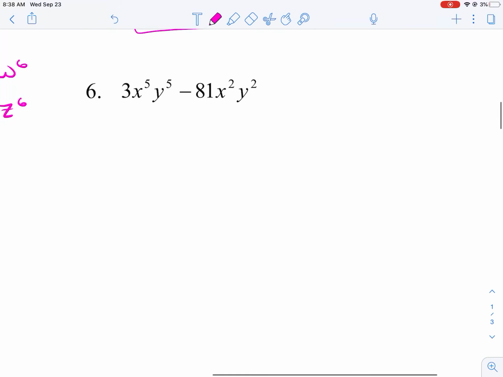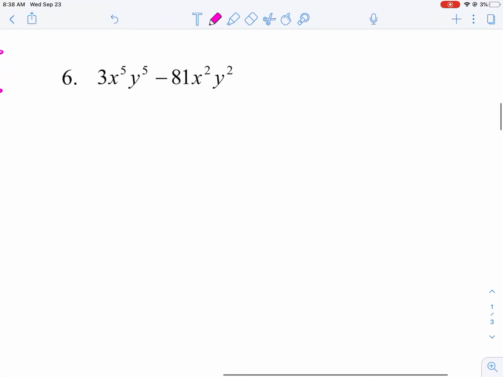Down to 3%. Oh boy, it's getting close. So, a great opportunity, if you didn't see it already, take out a GCF. Now, 81 is divisible by 3. If you want to know a little trick about 3s, add the digits of the number up. If that sum is divisible by 3, then the number is divisible by 3.